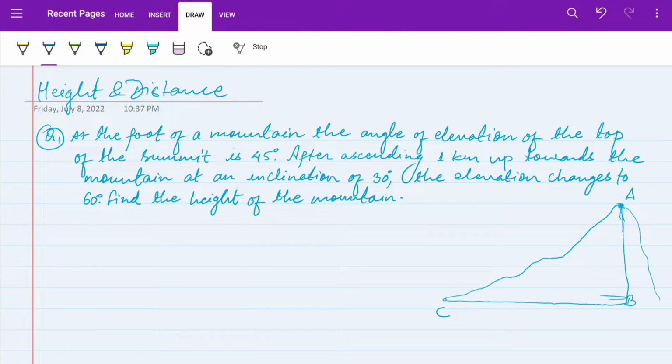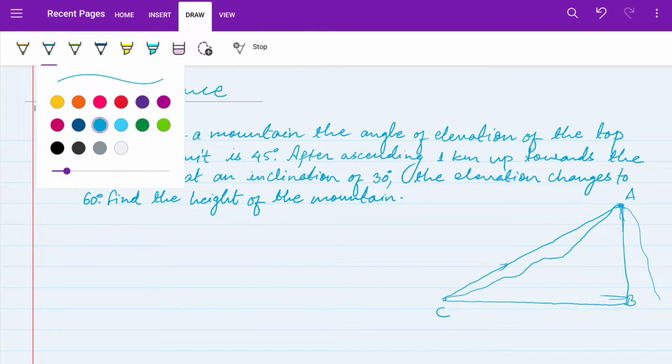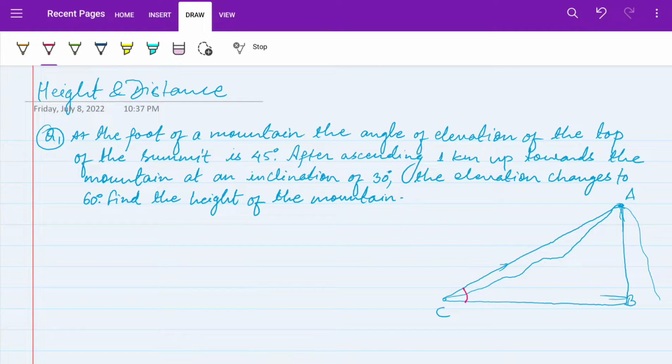The question is saying that the angle of elevation of the top from this point, the foot of the mountain, is 45 degrees. So from here to here, this is along the straight line we'll observe. Now this angle here is the angle of elevation, and this angle is given as 45 degrees here.